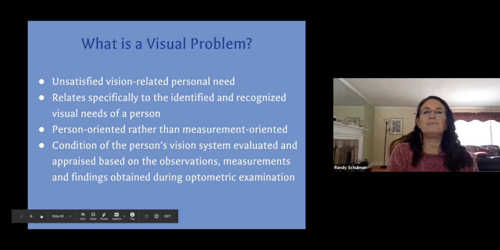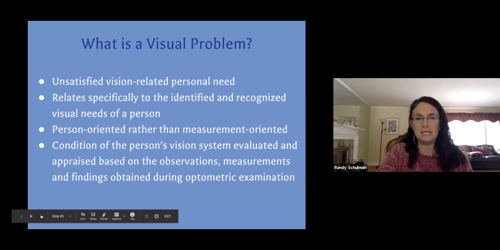So a visual problem is really an unsatisfied vision-related need, and it relates specifically to what we're finding in that individual. And obviously there are patients that are oblivious; they don't have any complaints. So we're always going to be looking at what the complaint is. But we also want to look at that person, because I'm sure you've already seen patients where you ask them if they have any problems.